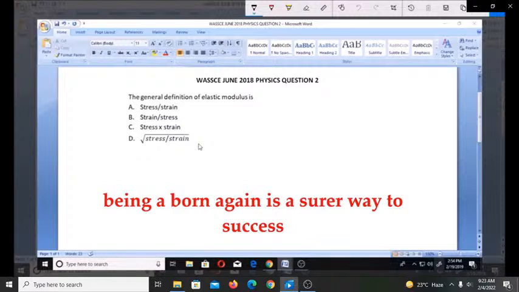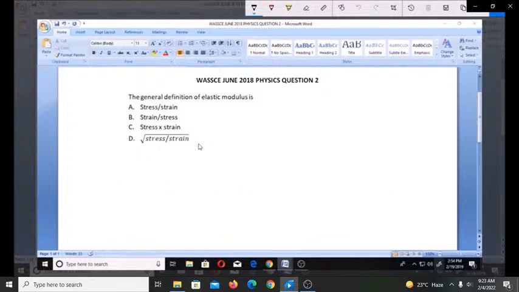For us to understand this problem, we need to understand the simple statement of Hooke's law.